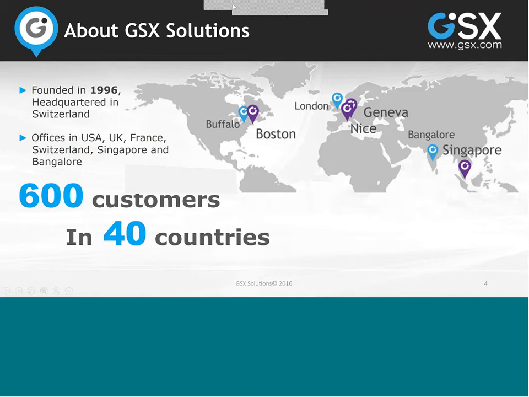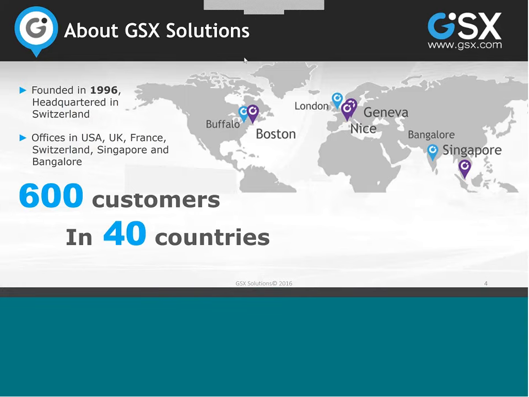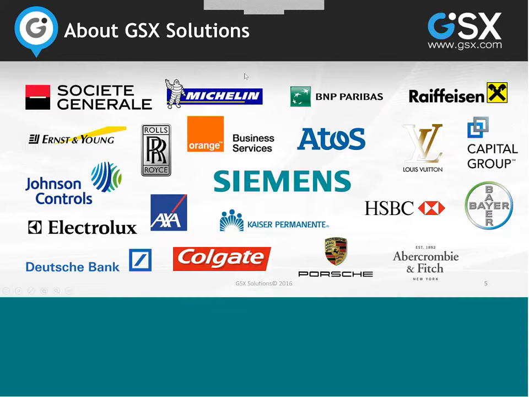So let's go on the next slide now. So some customer references. I go fast on that because we have 600 customers, of course, so it was complex to put 600 logos here. Just to tell you that we are working mostly with large companies: banks, health insurance, industry, manufacturing, I mean, a bit of everybody.